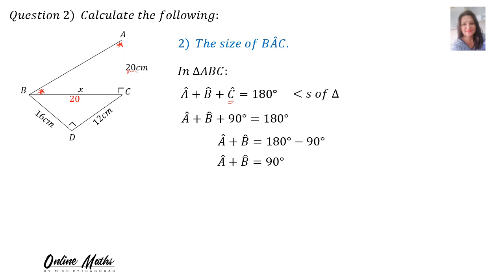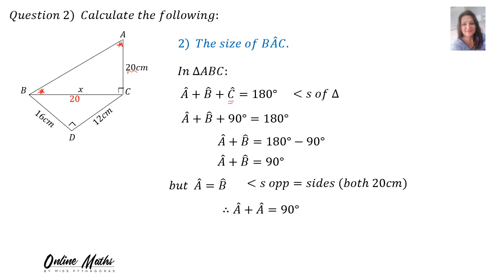So the 90 degrees can walk across, we subtract, and we end with angle A plus B is equal to 90 degrees. But we know that angle A is equal to angle B since BC is 20 and AC is 20, and the reason we will use is angles opposite equal sides. Both sides are 20.